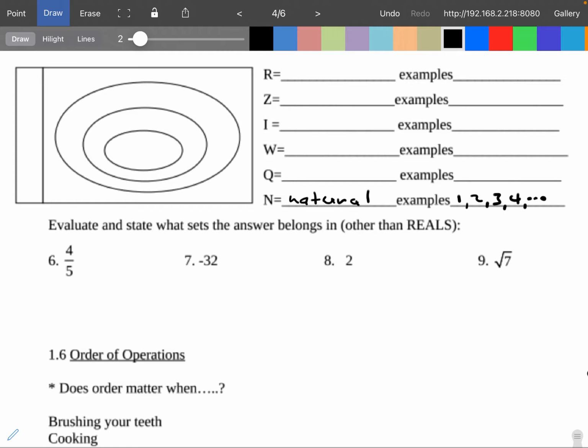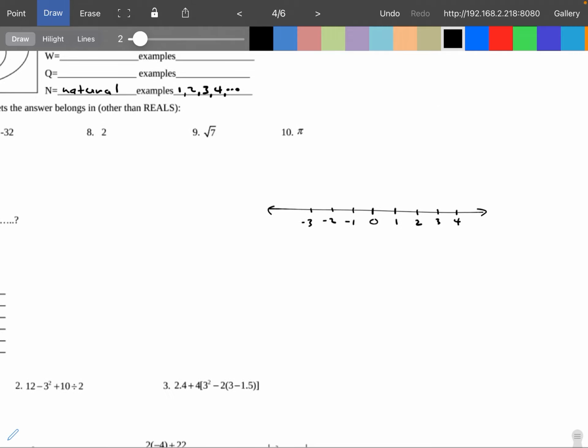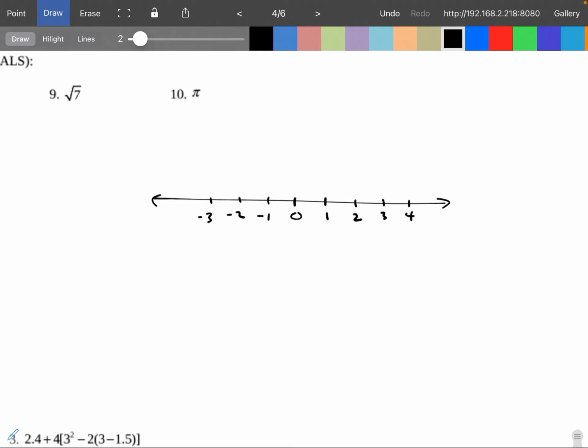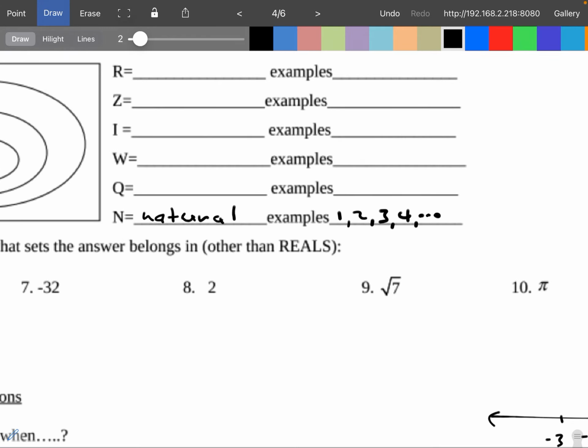So if I was filling in my number line, go back to my number line real quick here. All I would have so far would be these numbers, 1, 2, 3, 4, etc., right? So that's all I have so far. And then if I add 0 to that set of numbers, then that'll give me the whole numbers.